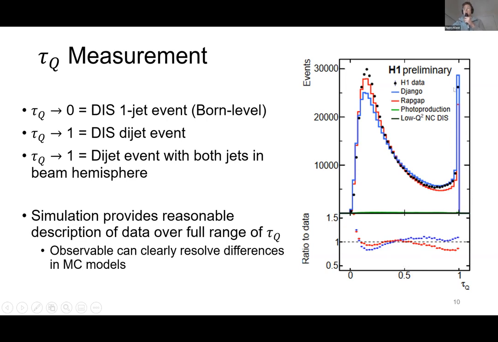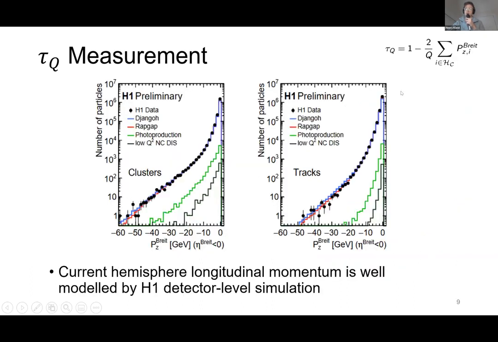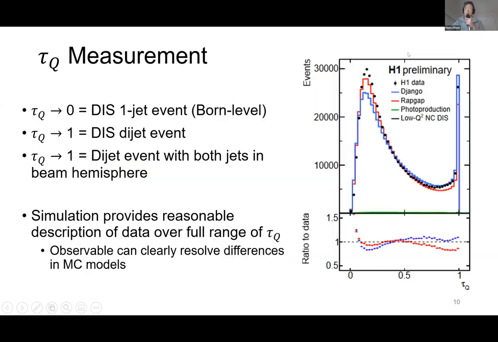And then this large spike at 1 is dijet events where both jets end up in the beam hemisphere, because looking at this definition here, if you have no particles in the Breit frame, your tau Q is 1. And you can see from this plot that the detector simulation does an okay job of describing the data, but you can clearly resolve the differences between these two models, especially in the higher tau Q region.